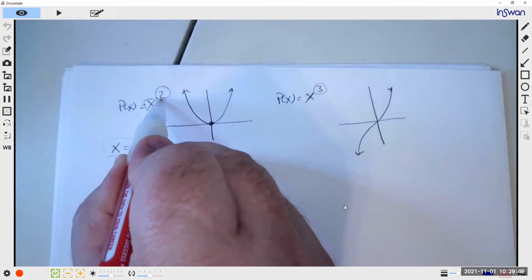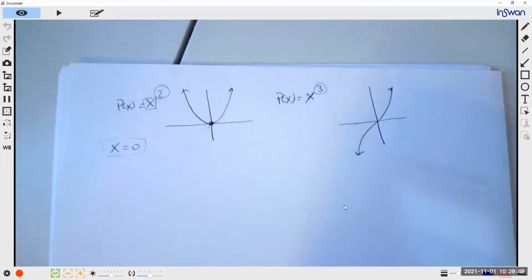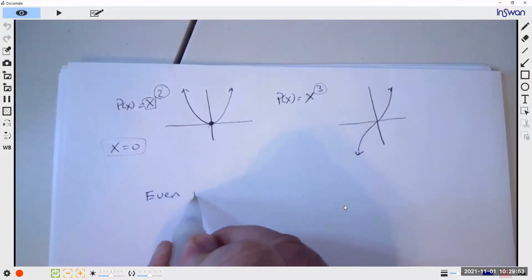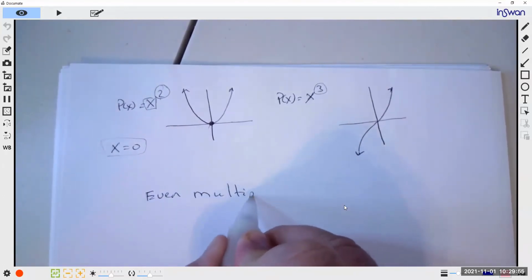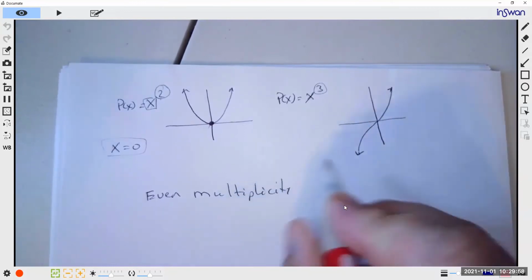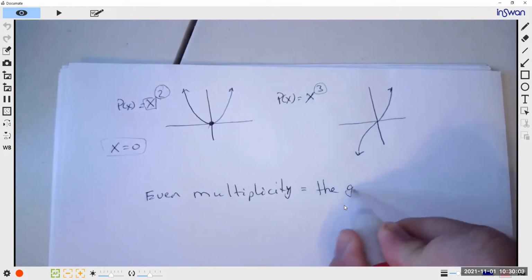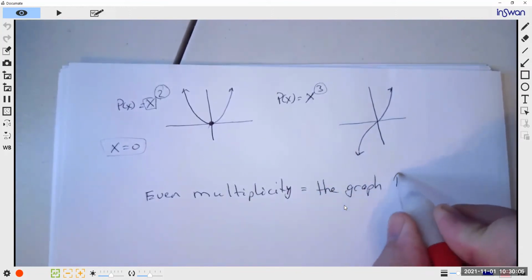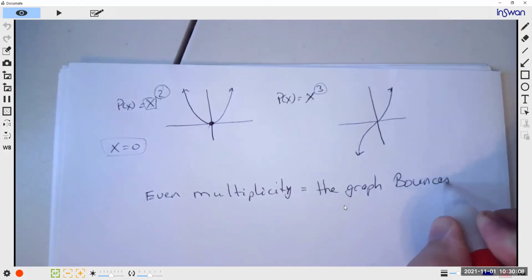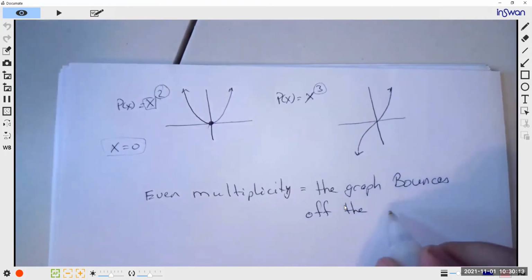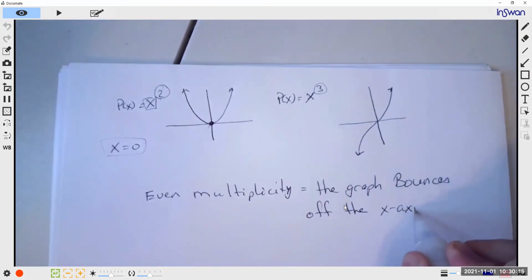If it's even, it bounces at that point. Even multiplicity, the graph bounces off the x-axis at that point.